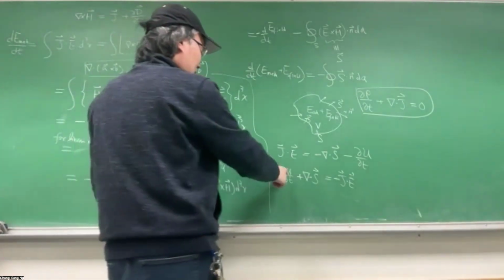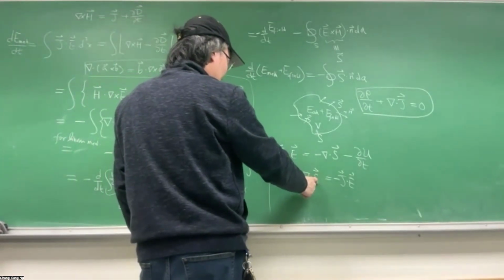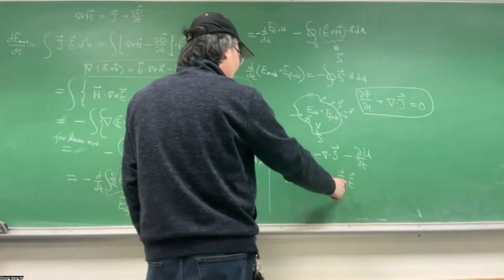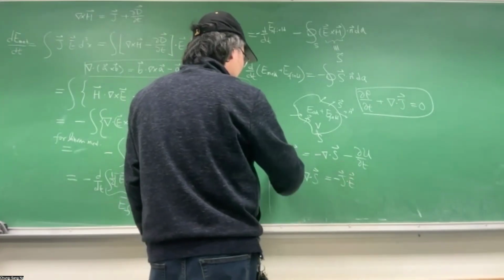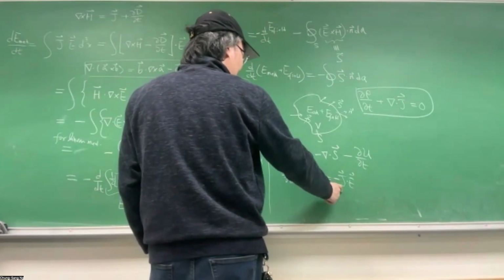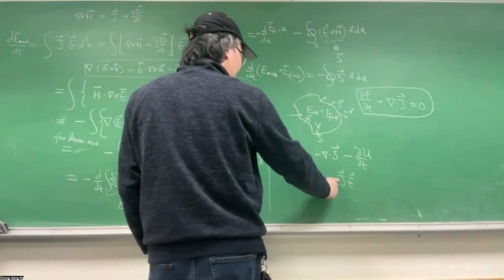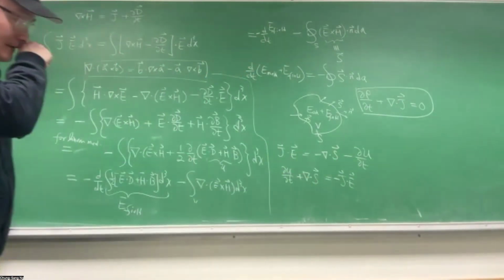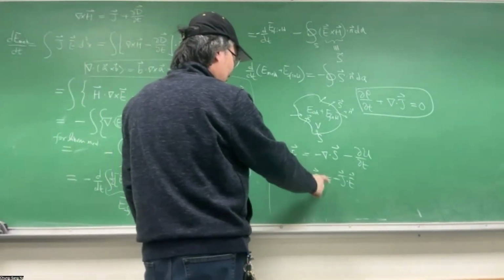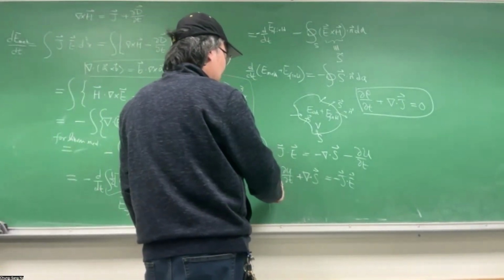So now this is the energy density. This is the energy flux, but the right-hand side may not be 0. So this energy equation has a source or sink, depending on the sign of the right-hand side, right? If it's negative, obviously the energy will be dissipated from the field.